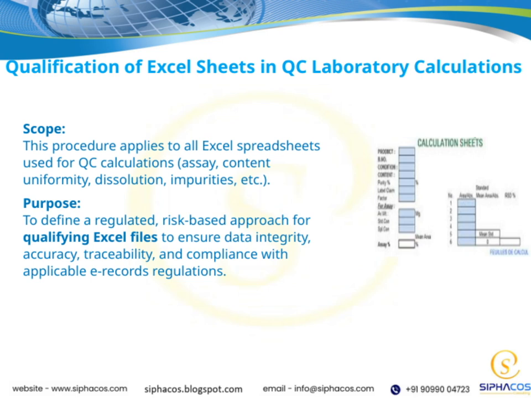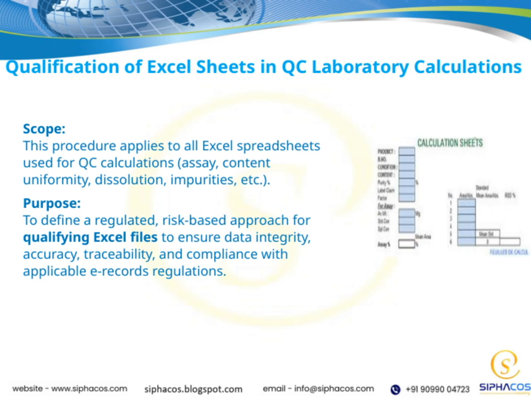Next, the purpose of this qualification process is to establish a regulated, risk-based approach. What does that mean? It means we evaluate and qualify Excel files in a way that prioritizes the most critical data and processes. Our goal is to ensure data integrity, meaning the data is accurate and reliable. We also want to maintain traceability, so we can track all changes and ensure compliance with applicable electronic record regulations.